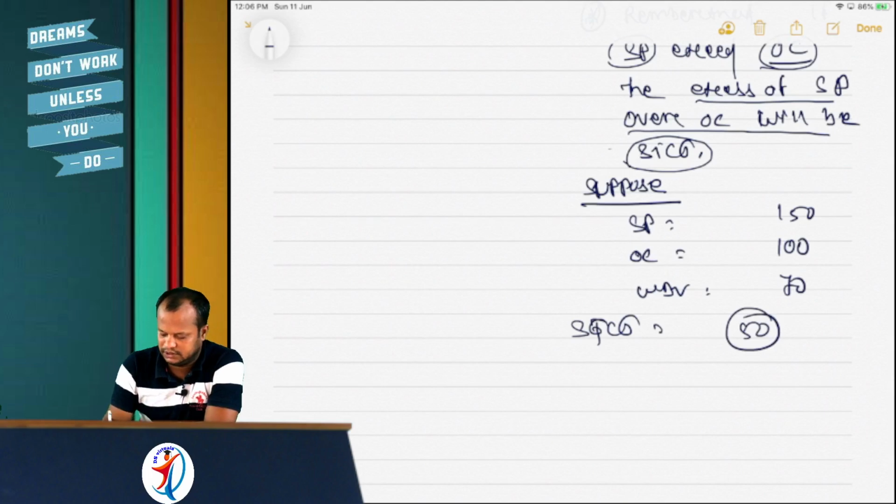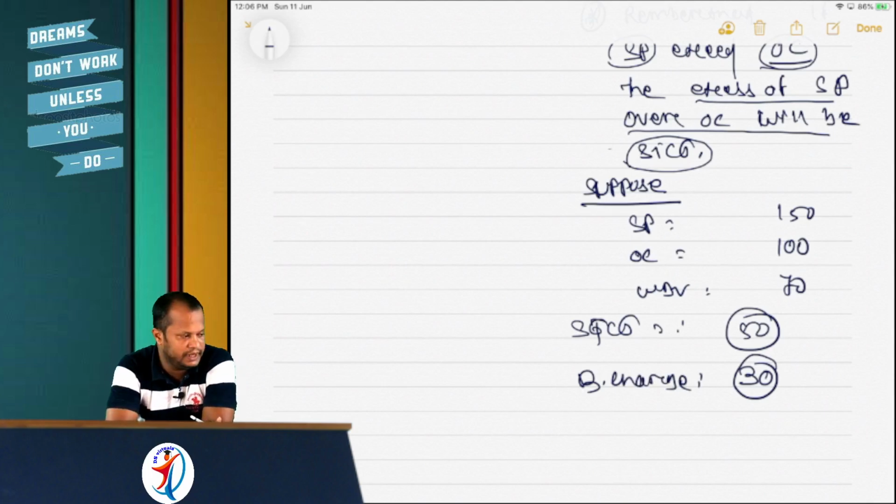The balance will be 30 balancing charge. 30 will be balancing charge, 50 will be STCG.